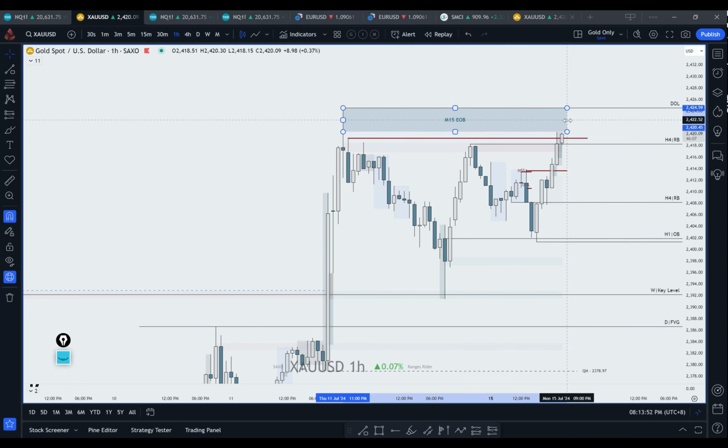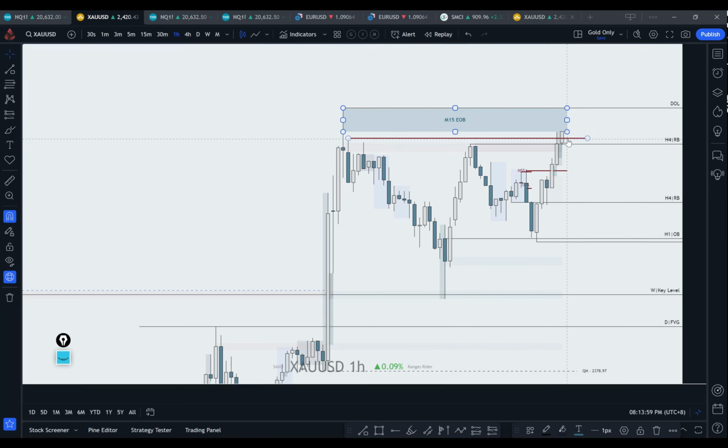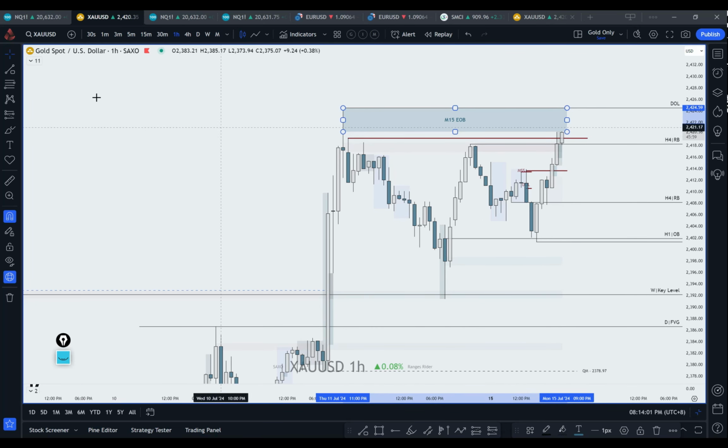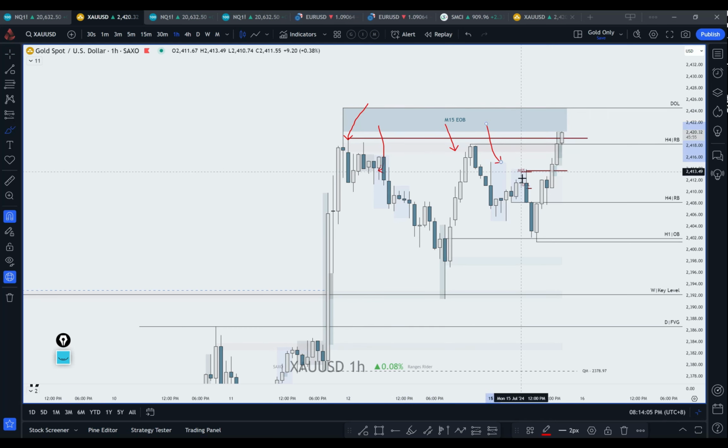So like I said, be careful going long into this area now, because all liquidity is cleared. Whoever sold into this area, if they didn't close, they are underwater now.